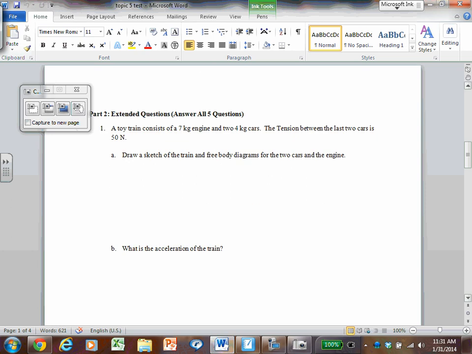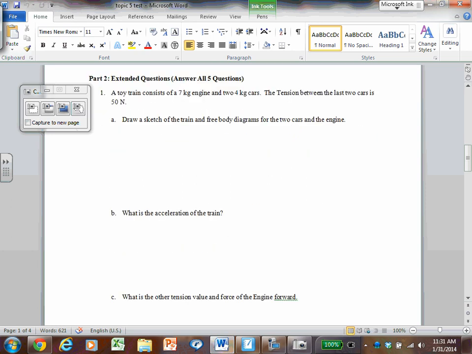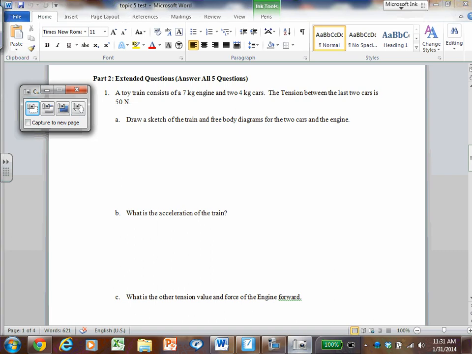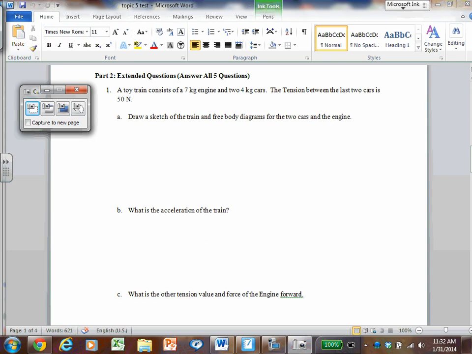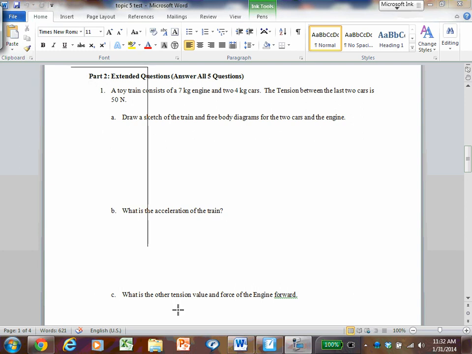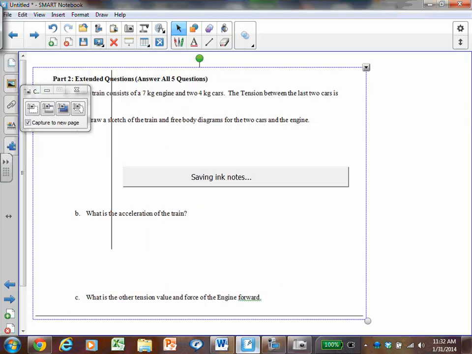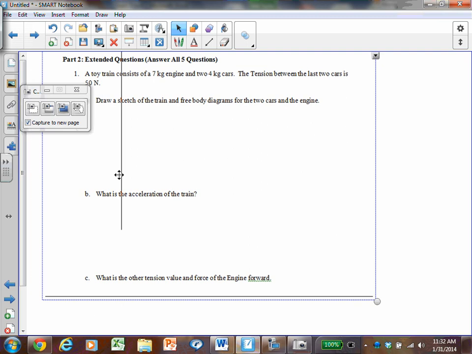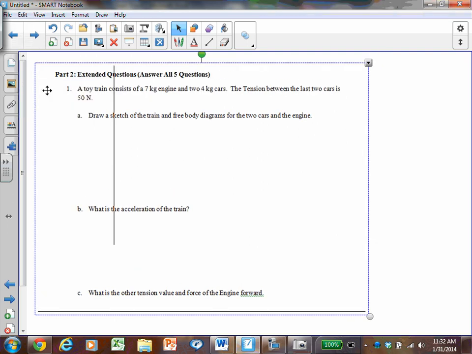Train problem. Most of you did pretty well on this one. A toy train has a 7-kilogram engine.